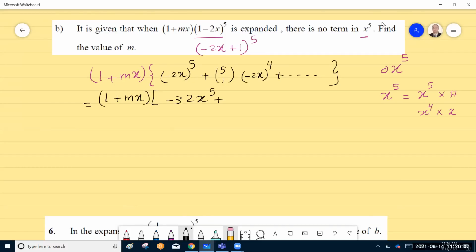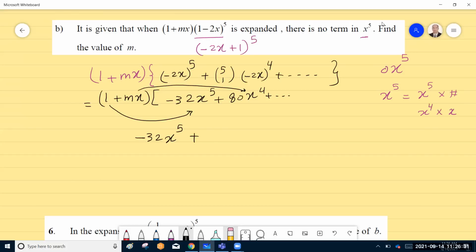Plus 5c1, which is 5 times negative 2 to the power 4, which is 16. 5 times 16 is 80. Plus 80x to the power 4, and so on. Look, this is the term now of x to the power 5: 1 times negative 32x to the power 5, plus mx times 80x to the power 4.